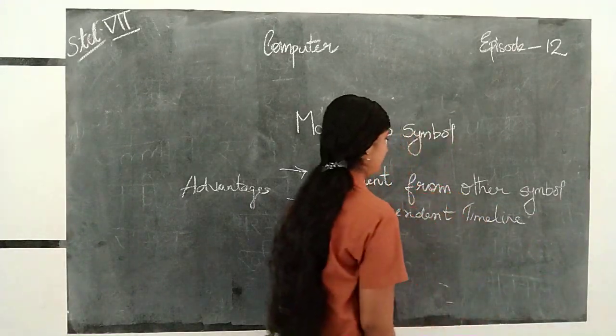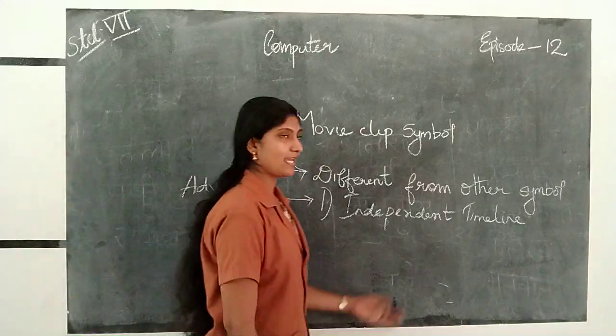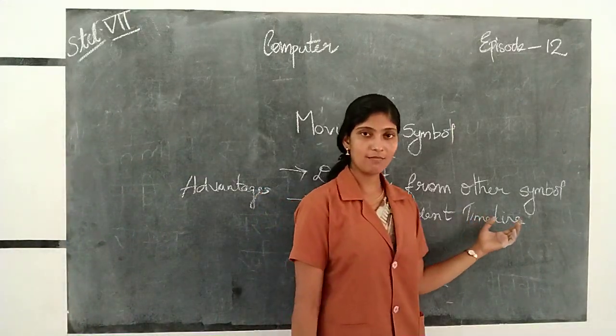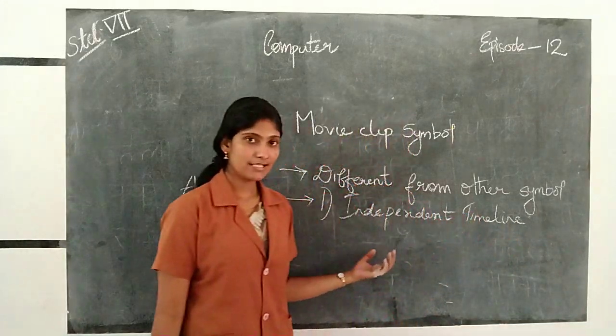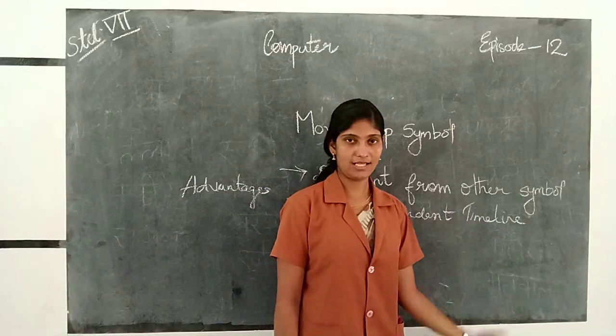That is the first advantage. So that we can see a movie within a movie. Then it has its own timeline, and that timeline is independent of the main timeline.